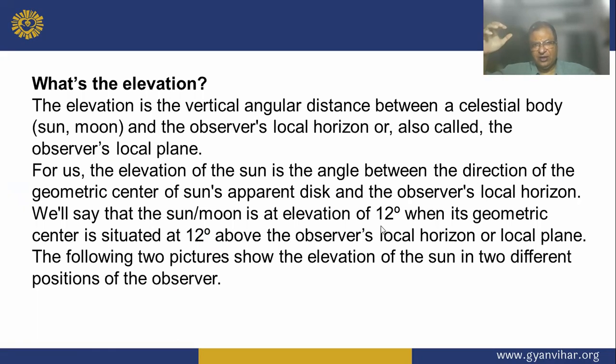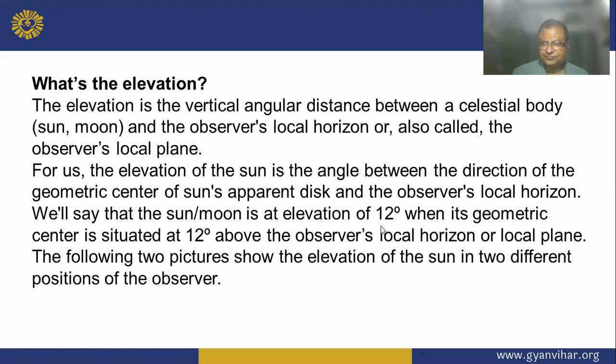Now, my dear boys, what is the elevation? The elevation is the vertical angular distance between a celestial body, the sun or the moon, and the local horizon, also called the observer's local plane.